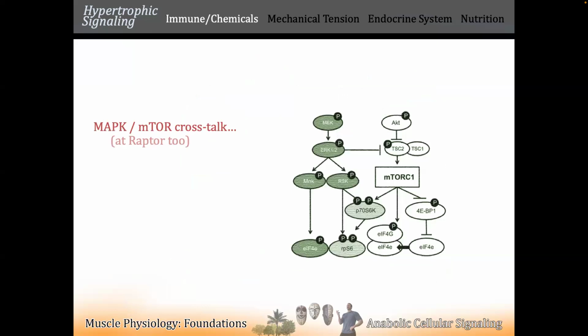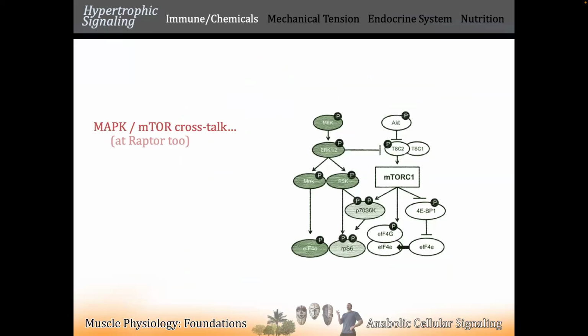So focusing on the signaling itself, ignore the production of prostaglandins, but look at the signaling itself. When prostaglandins bind, we see MAPK or ERK signaling, mitogen activated protein kinase, or extracellular signal regulated kinase.